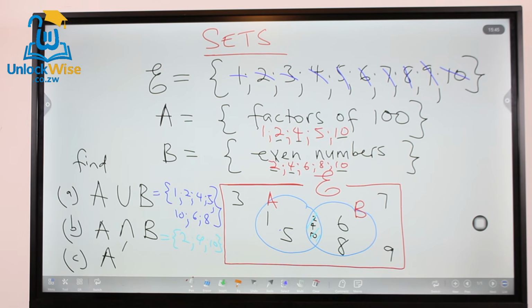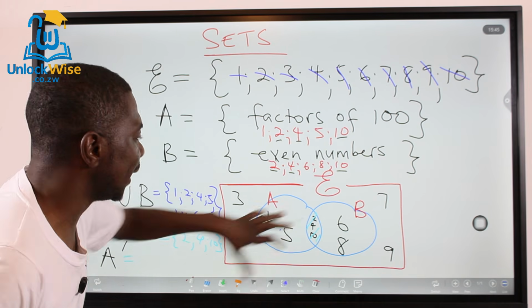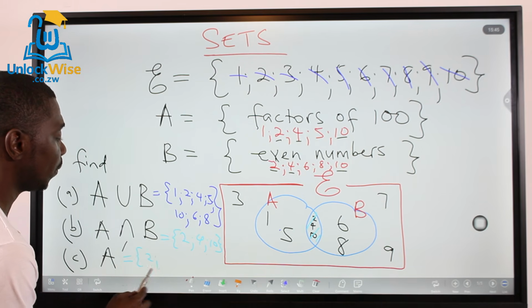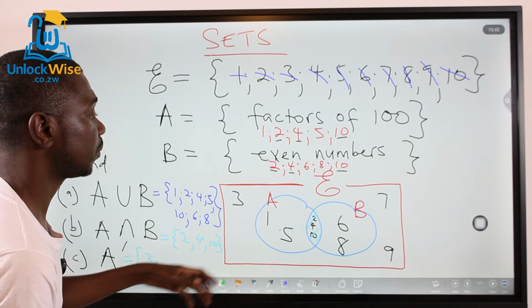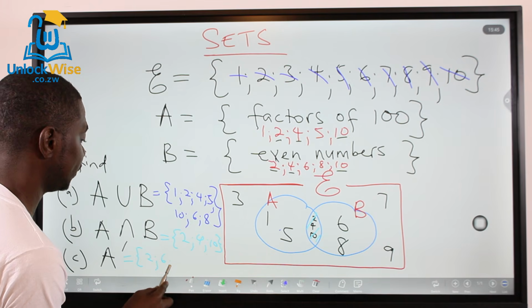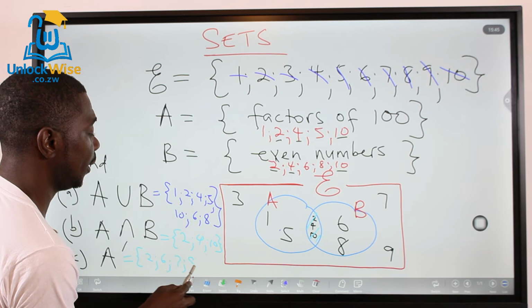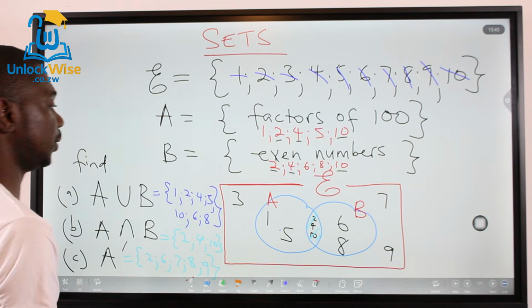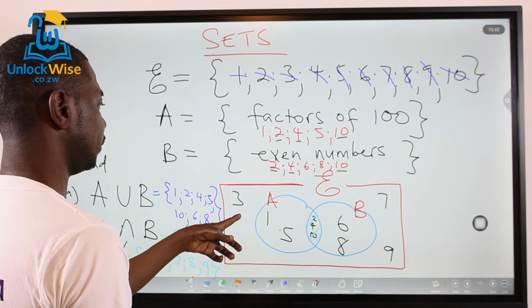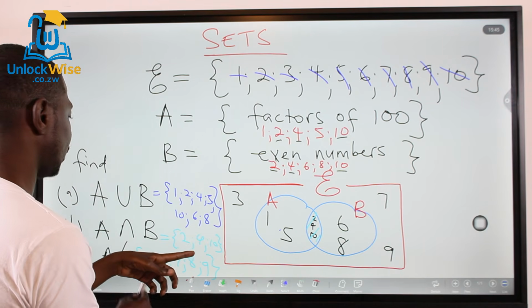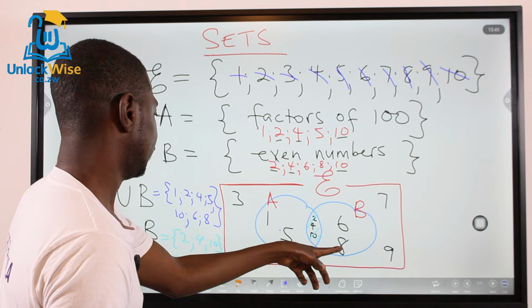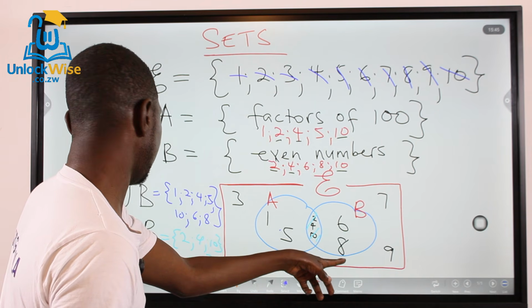Right. We want A complement. Everything that is not in A. So we have 3, 6, 7, 8, and 9.